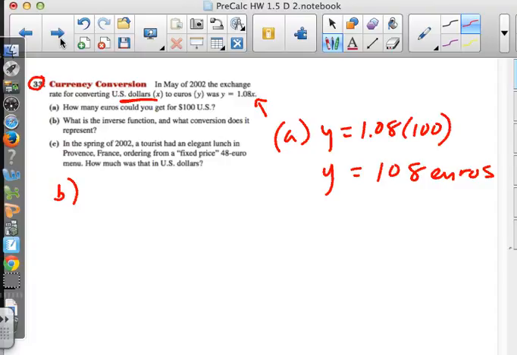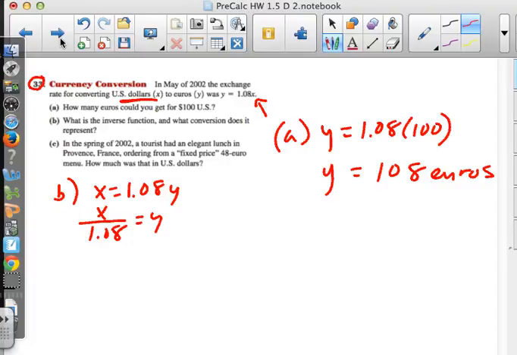Part B, what is the inverse function and what conversion does it represent? So switch your x's and y's and then solve for y. Now, we might actually want to find that inverse of the 1.08 and see if that's something nice.